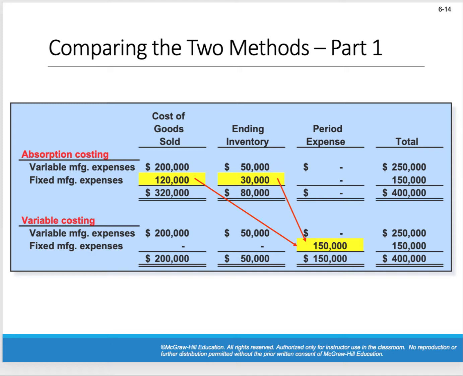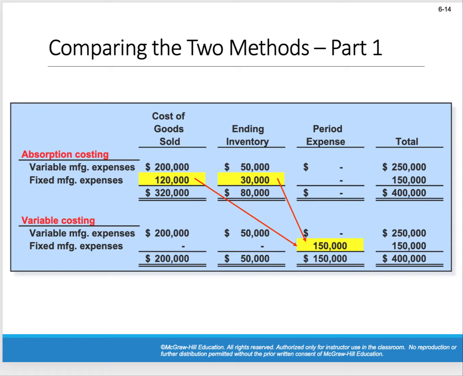Okay, so let's go back to absorption costing and see how that total fixed manufacturing overhead of $150,000 looks under absorption, meaning where is it? Well, we know that the fixed manufacturing overhead per unit is $6. We already figured that out back in video 1.